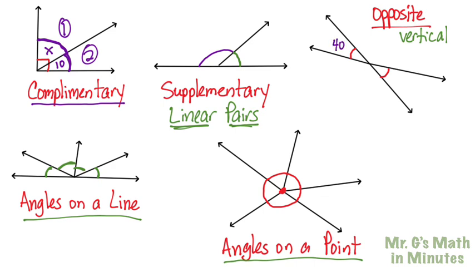So if this angle is equal to 40 degrees, this angle is equal to 40 degrees. Also important is that if you have one set of opposite angles, that means you also have a second set. So this is opposite of this, and they are both also equal to each other.